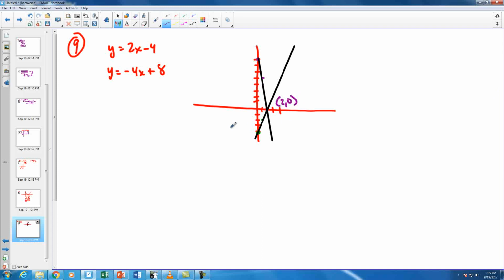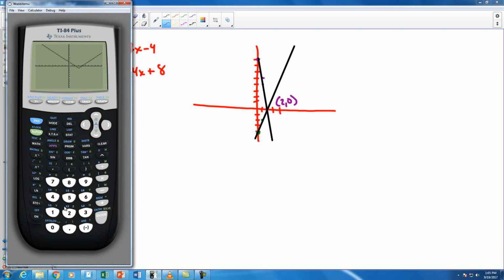Now what if I want to use a graphing calculator because I just don't want to make mistakes and I'm really concerned about the computation or how I would graph by hand? So I'm going to do it in the calculator real quick. We said it was 2x minus 4 and a negative 4x plus 8.